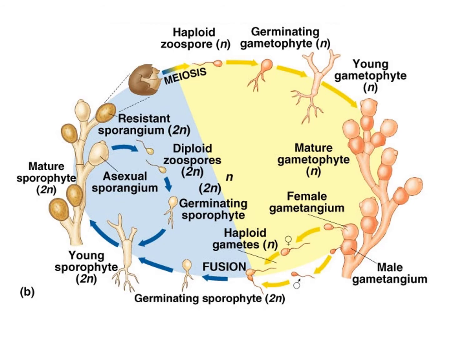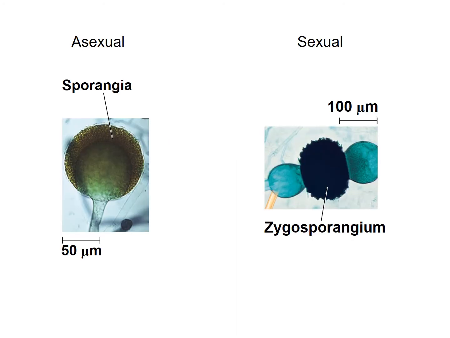Now let's move on to the next major phyla. The next major phyla of fungi are the Zygomycota. Zygomycota can reproduce sexually and asexually. The sexual spores have a different name than the asexual spores.